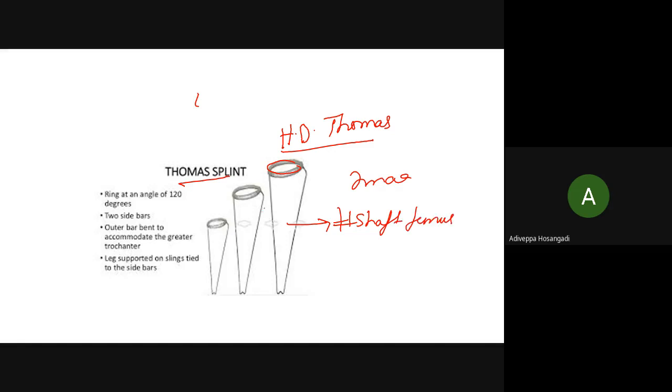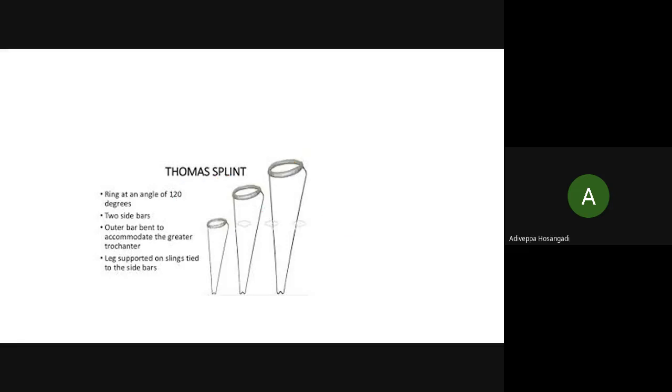There are different things, we'll not get into that, but please remember it has a ring and two sidebars. The sidebar is basically to accommodate the greater trochanter. There are different sizes available, and you place the limb like this and bandage all over so that you can transport easily and avoid fat embolism in a fractured femur.